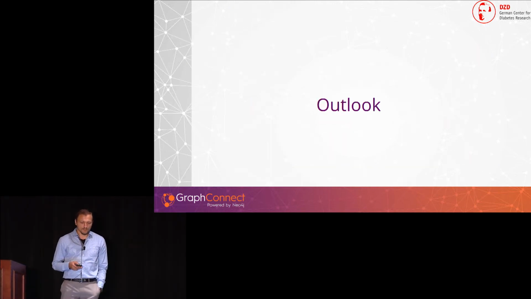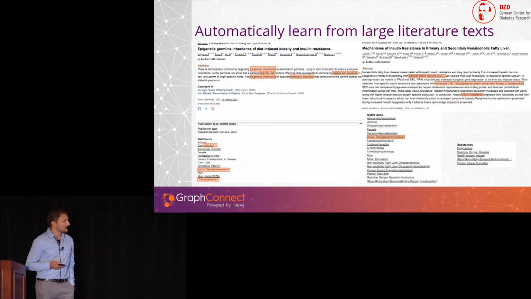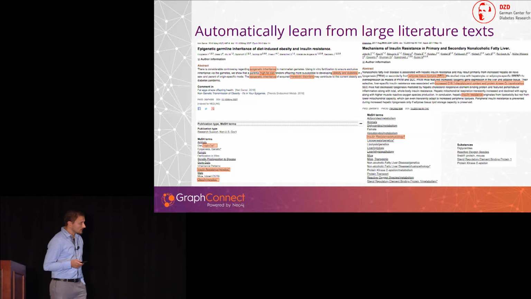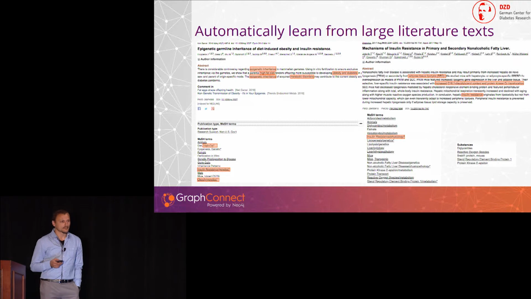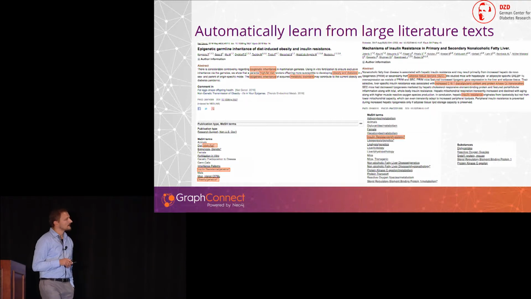What's the outlook? We want to extend our graph by literature data that is publicly available. We have peer-reviewed articles in a very large database called PubMed. There are, as I heard, 30 million texts in it, about all the different basic research areas, and nobody can read all the texts anymore.